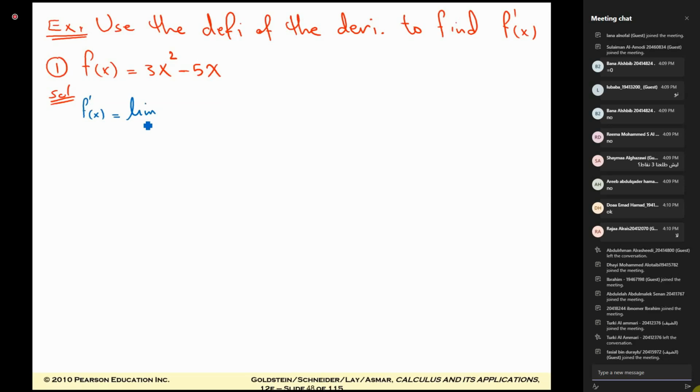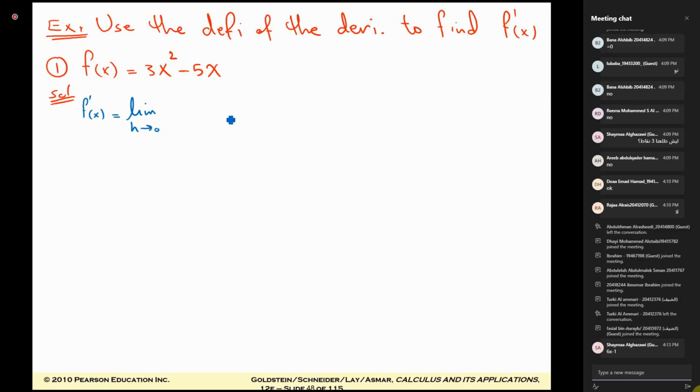Limit h goes to 0, f of x plus h minus f of x over h. This equal limit. I think you already know the final answer.